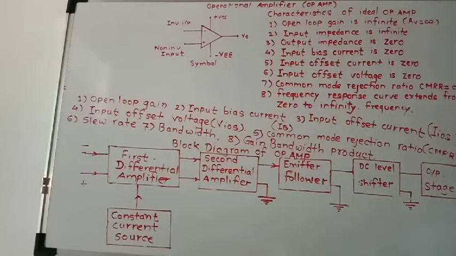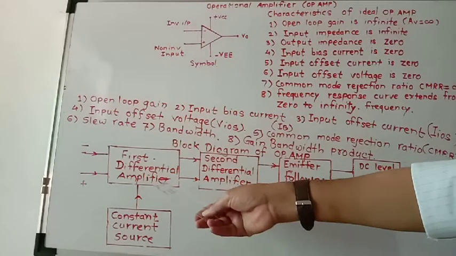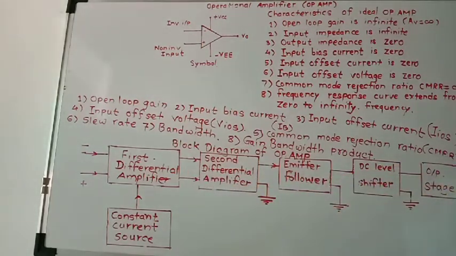Due to these two stages of differential amplifier, large gain and large CMRR can be obtained.